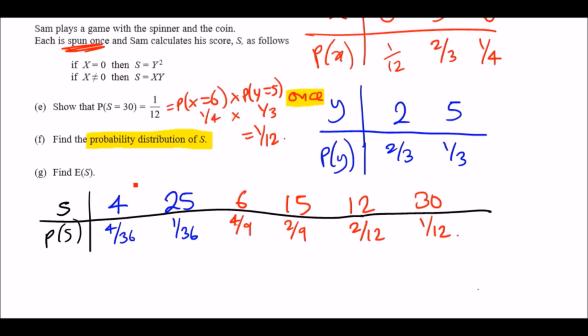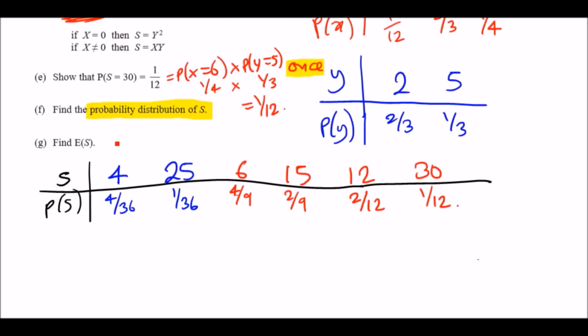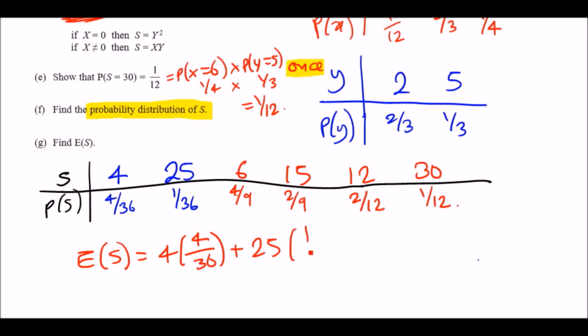Now, last one, part G. Find the expected value of s. Okay, this is just like always. You just do s times the probability. So 4 times 4 is 36. So this will give us, actually, let's just keep it in this format. You literally just keep doing this, you just multiply up and down, and you keep on doing this until you get to the final one, which is 30 times 1/12.